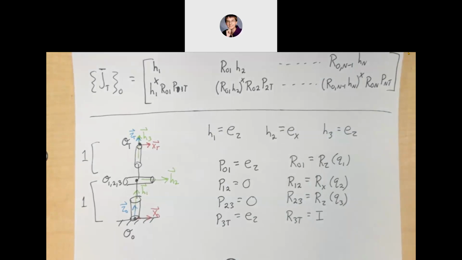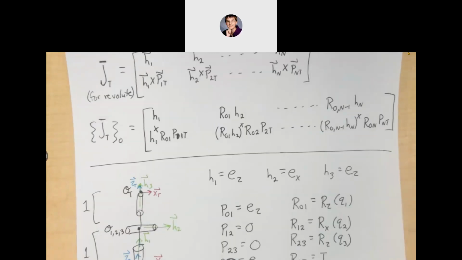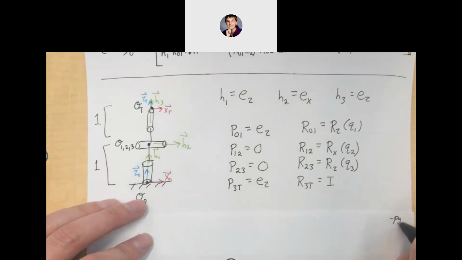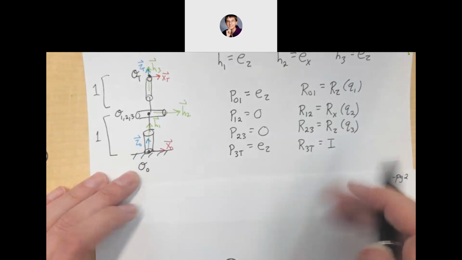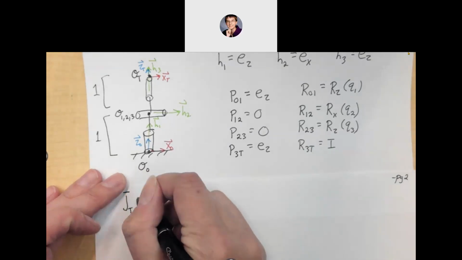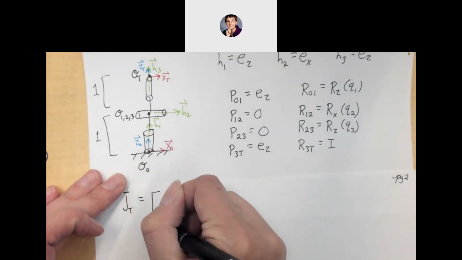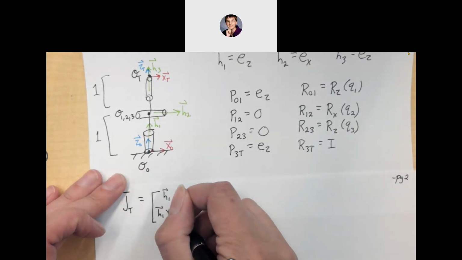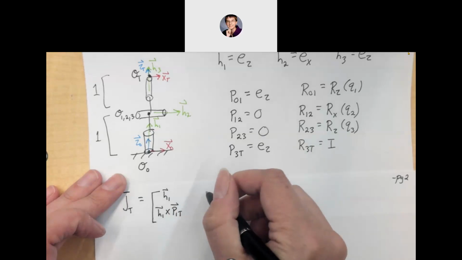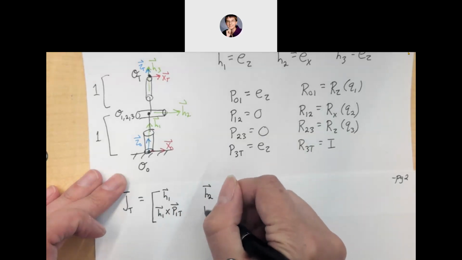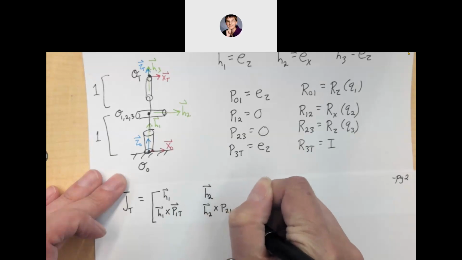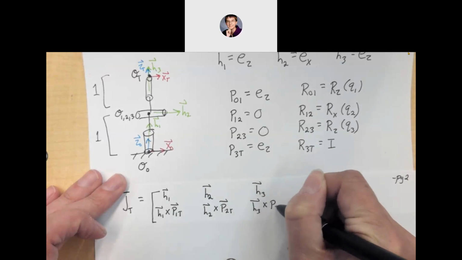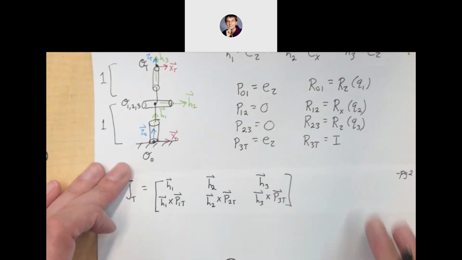So now we want to get the Jacobian matrix for this arm. If we look at our form, we have JT: H1, H1 cross P1T, H2, H2 cross P2T, and H3 cross P3T.